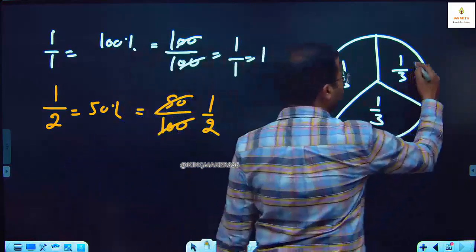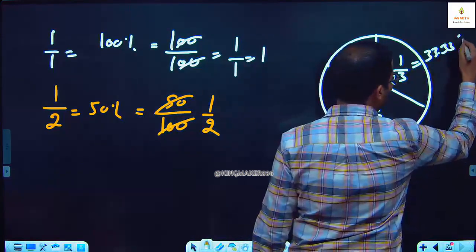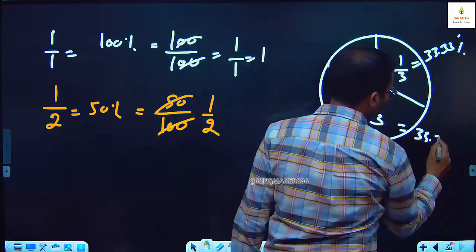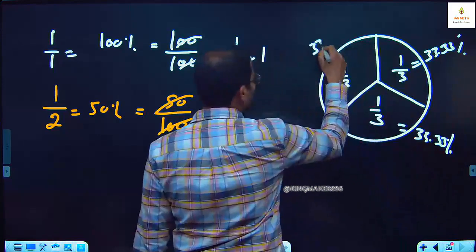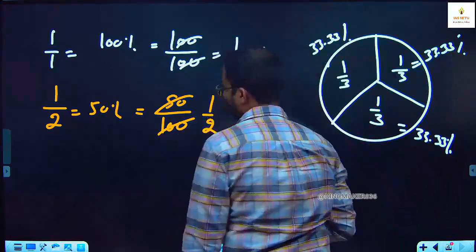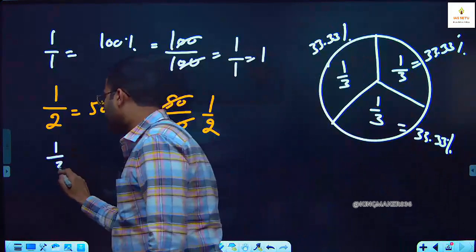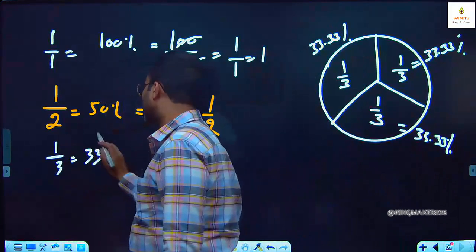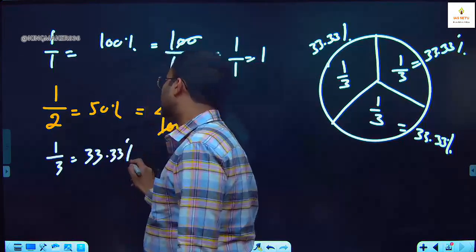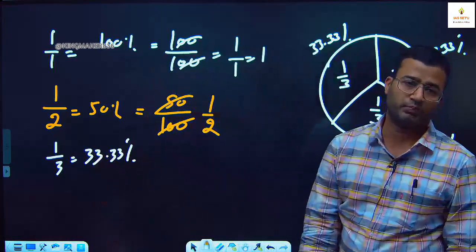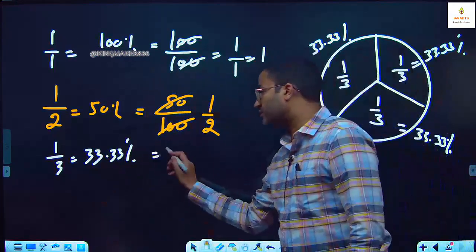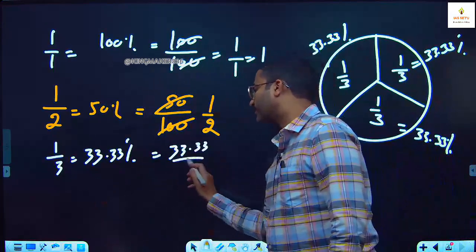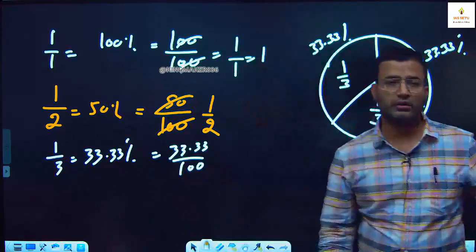So here it is 33.33%, 33.33%, 33.33%. So 1 by 3 is equal to 33.33% or 33.33% is 1 by 3. So here this is 33.33 upon 100.